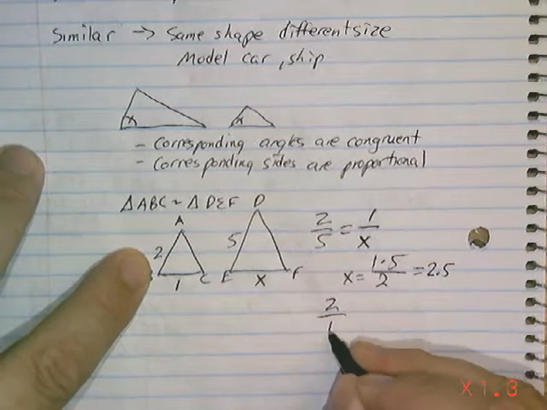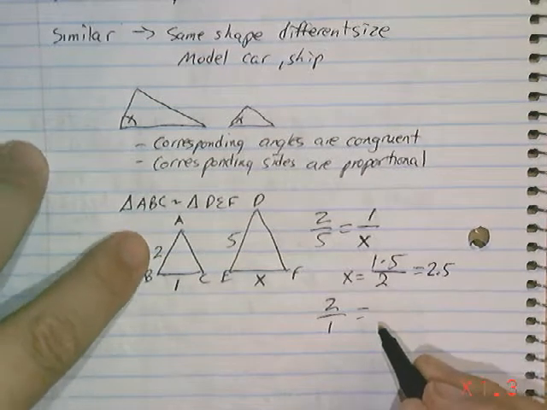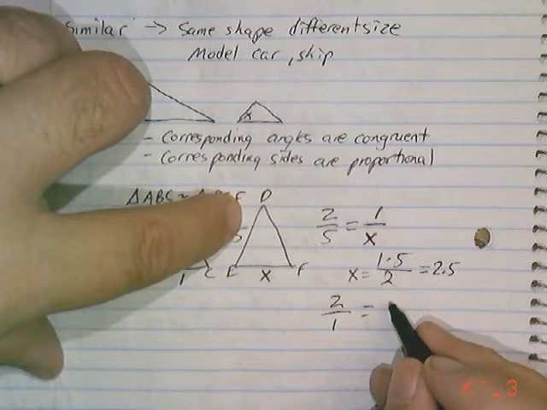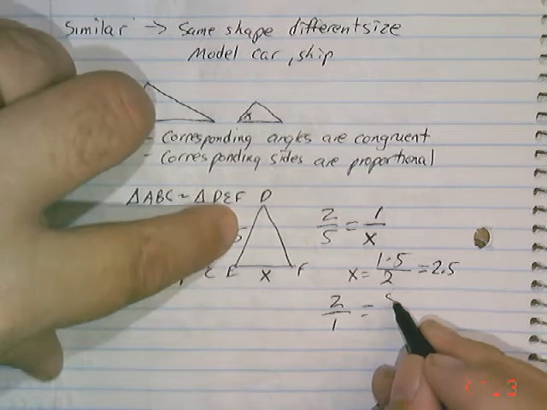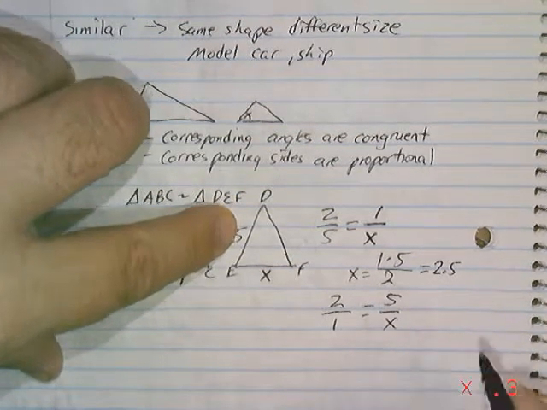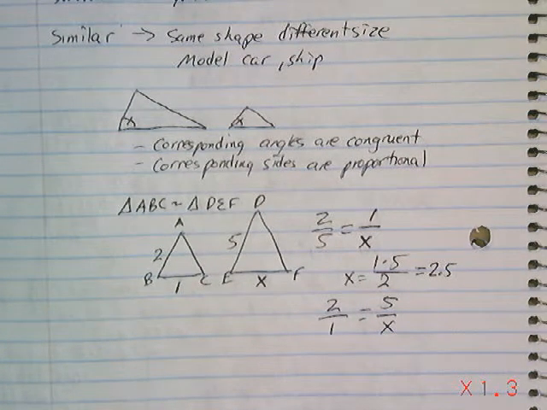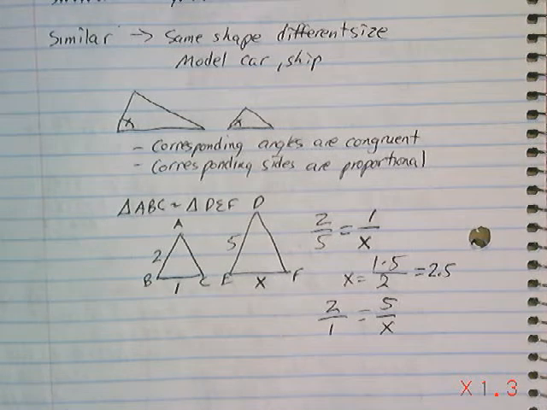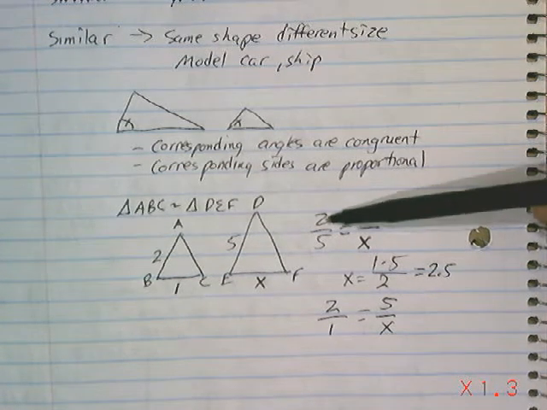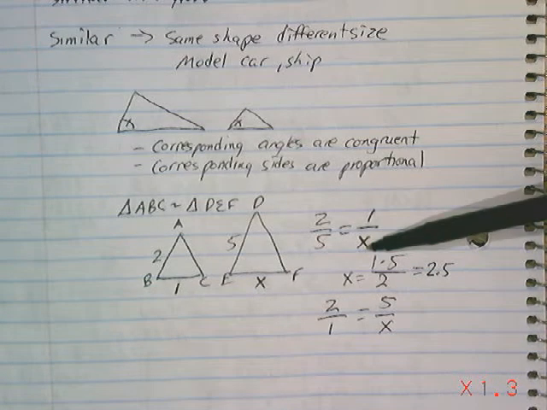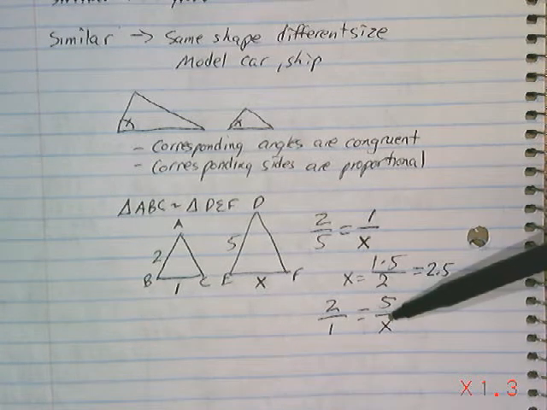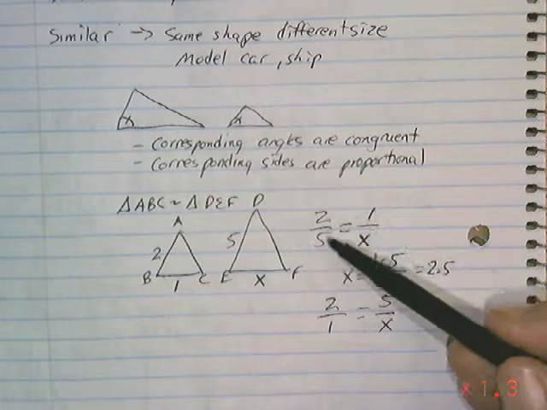Okay? Now, this actually is a very useful idea, and if we have a tree that we want to measure the height of, we're not going to get out a measuring tape to measure the height of the tree. That would be very, very difficult. However, if the tree has a shadow, and we see the sun's rays coming down like this to the end of the shadow there, so it looks like this.